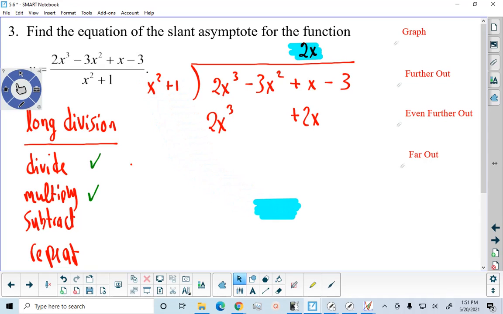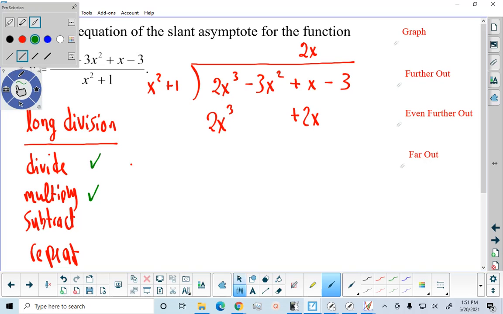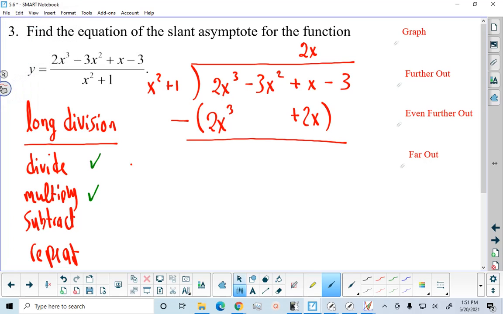Now what you need to do is the third step, which is to subtract. So be very careful when you do this. You're subtracting the entire thing. So 2x cubed minus 2x cubed is nothing. You don't need to write anything here, but I have seen some people write 0x cubed.